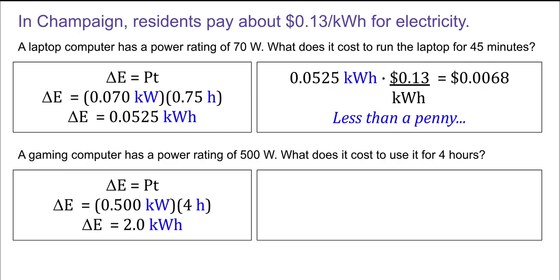And this tells us our energy usage is, again, much greater, a full 2 kilowatt hours. And that means that since we're charged 13 cents, or $0.13, for every kilowatt hour, that would be $0.26. Now, it doesn't sound like too much, about a quarter to play for that time.